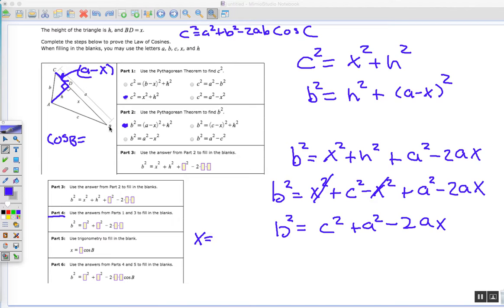That actually makes our lives easier there. So that's going to give us, so x is equal to, I'm going to get x by itself, multiply both sides by c. So x is equal to c times the cosine of b.